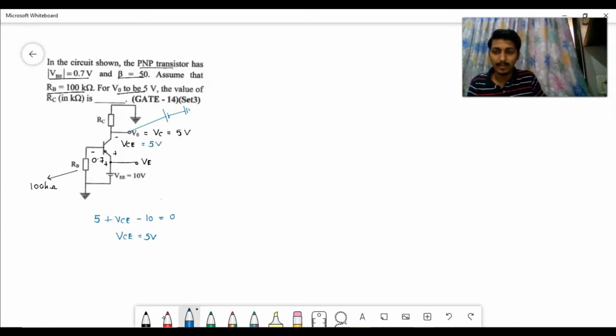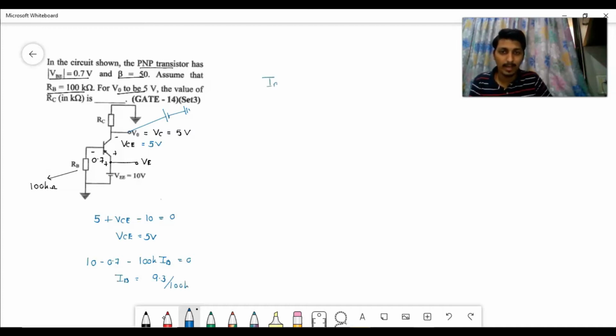This is 0.7. If we apply a base loop here, we will get 10 minus 0.7 minus 100k IB equals 0. So IB equals 9.3 by 100k.